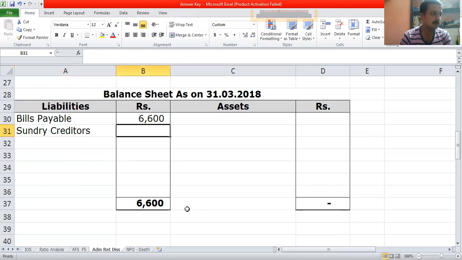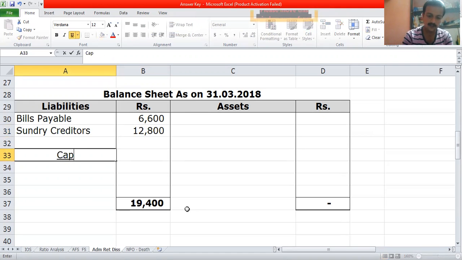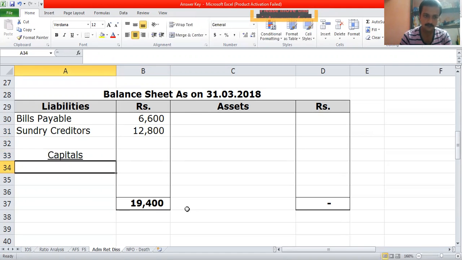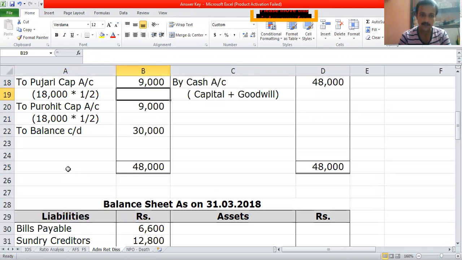And then next is sundry creditors. It also remains the same because there is no change, that is 12,800. And then next is capitals. The first is Pujari. Now we need to take the capital balances as per the partners' capital account.